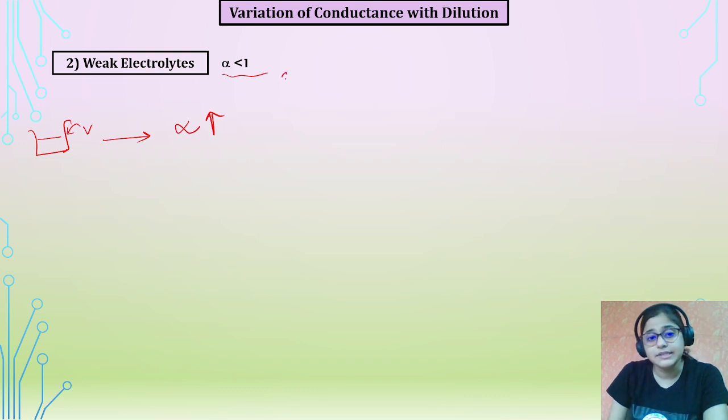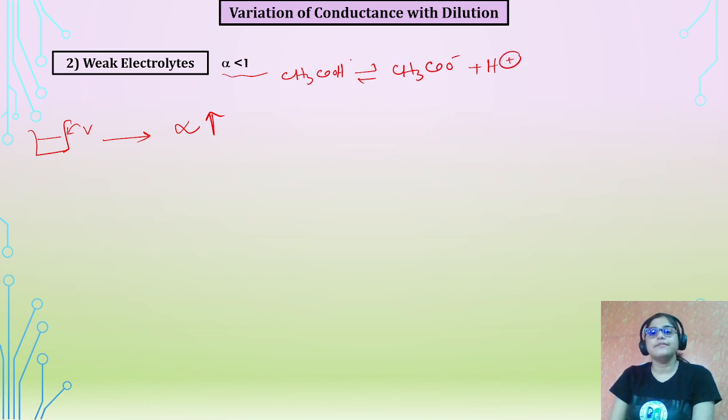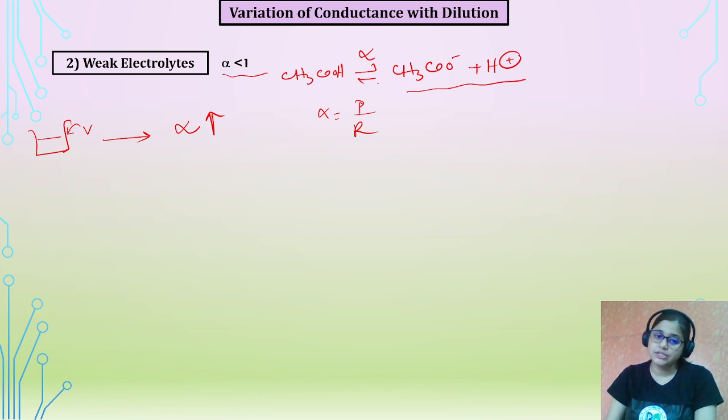That means CH3COOH, which gives CH3COO- plus H+, these two ions, when its degree of dissociation increases, the product increases, the conversion to ions increases.